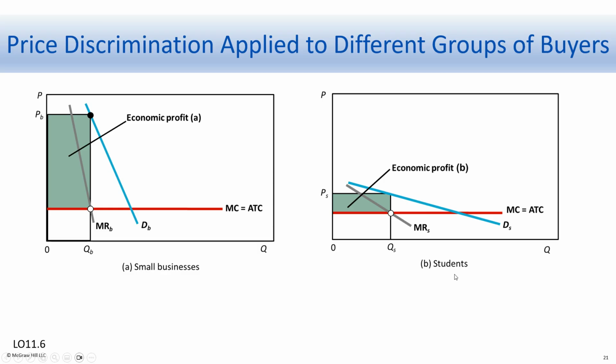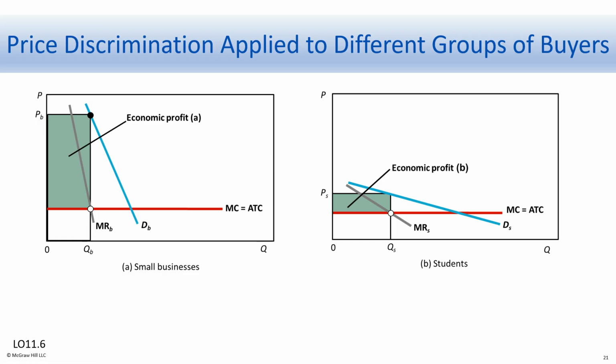Students say, I'd like to have it, but I've got competing interests and needs for my income. And so the market for this good, say this computer software, would be more price elastic for students than it is for small businesses. Small businesses have a greater need and so forth.